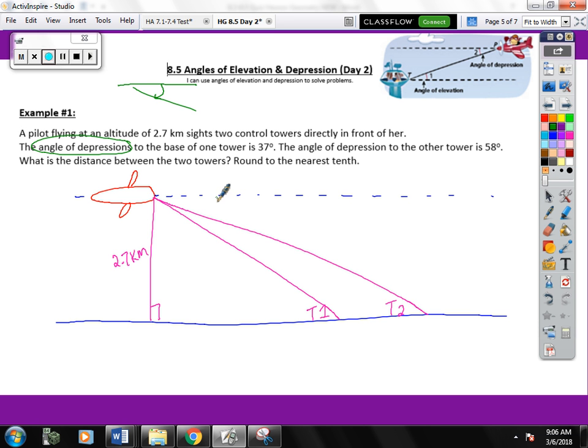So we have this angle, and then we also have this whole angle, this whole thing. You can tell which one goes where by their sizes. The first one I drew is definitely smaller than the second one, because this would be this big angle. So the smaller one is 37, which means that would go here. The larger one, which is this whole thing, will be 58.